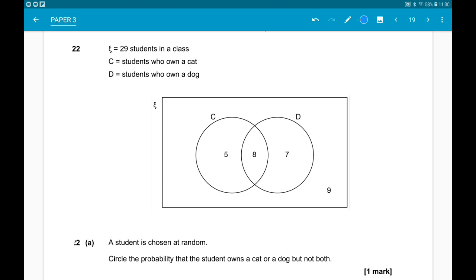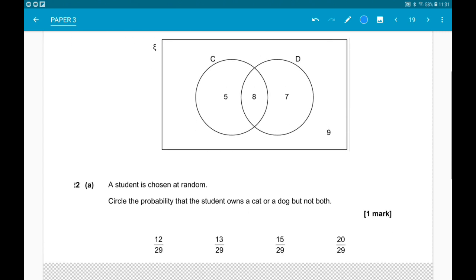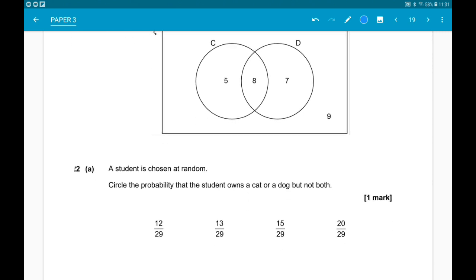So for that, we want the 5 in the cat circle and the 7 in the dog circle, not the 8 in the middle. So, 5 add 7 is 12, it's 29 students altogether, so it's 12 out of 29.